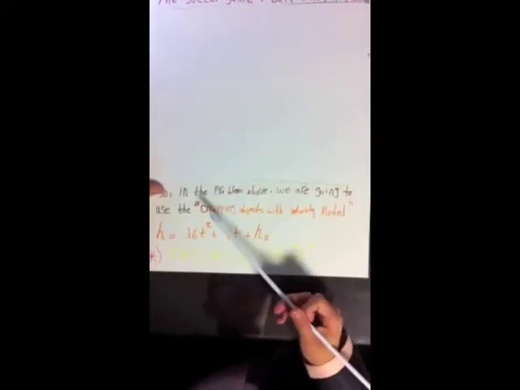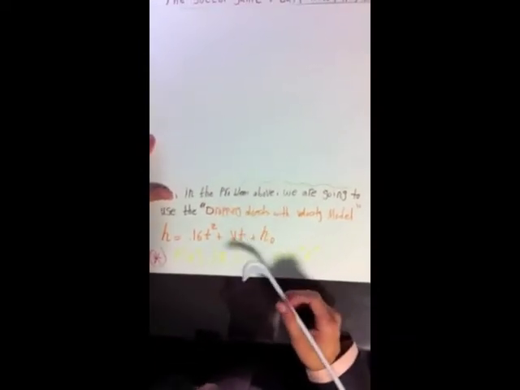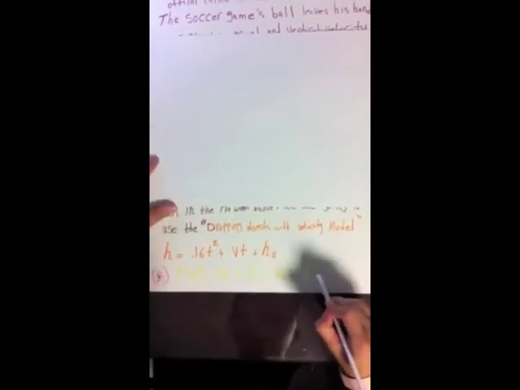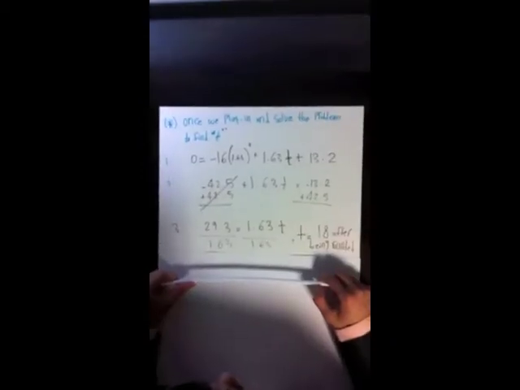So in the problem above, we are going to use the dropped objects with velocity model. As it's shown here, h equals negative 16t squared plus vt plus h0.